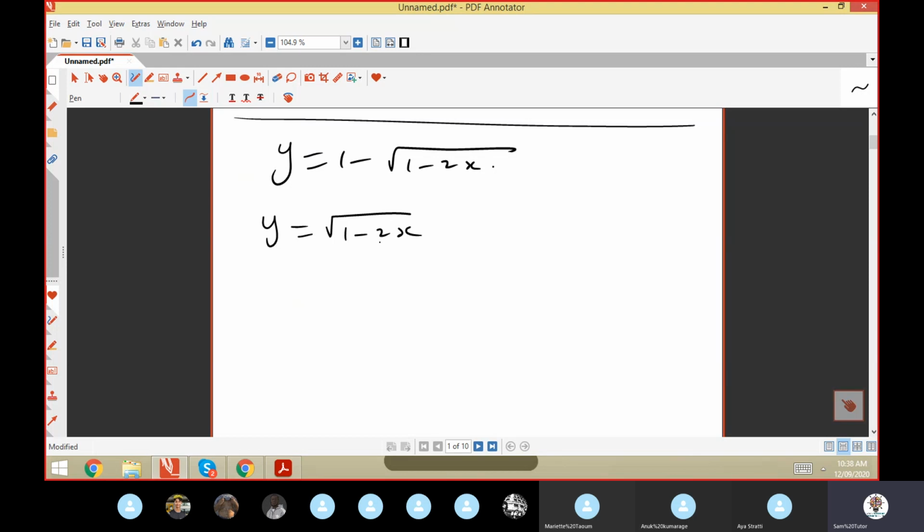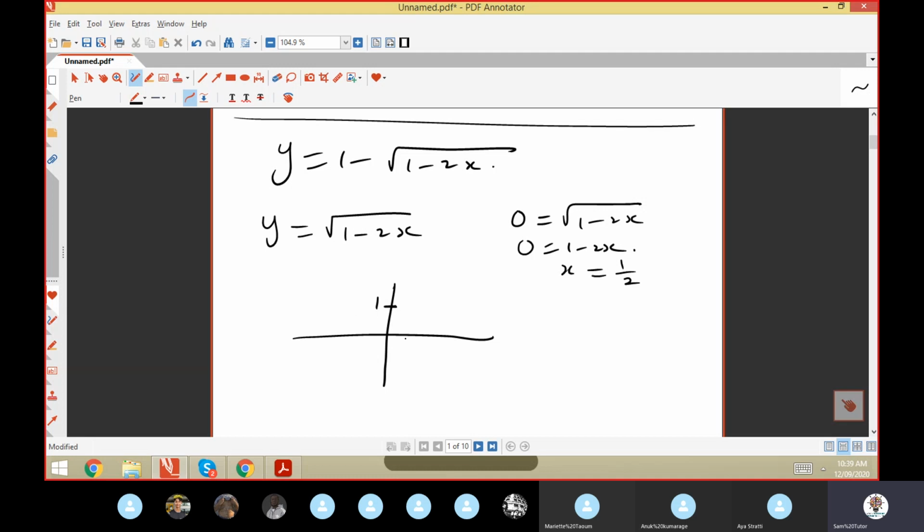So just think of the original, this one here. When x is 0, you get y equals 1.